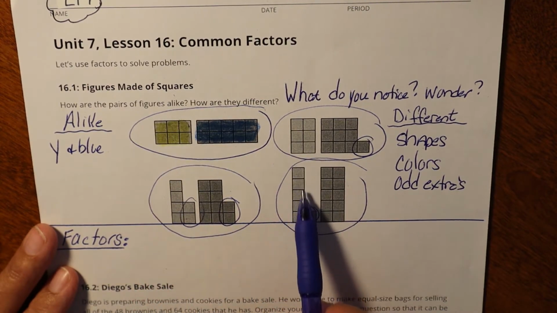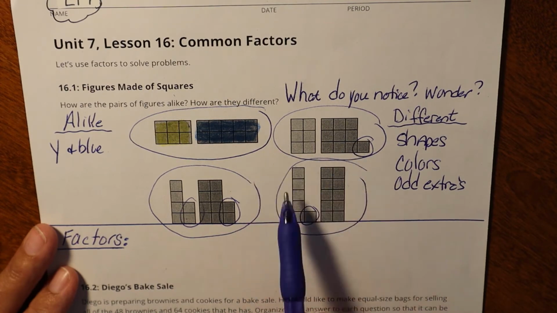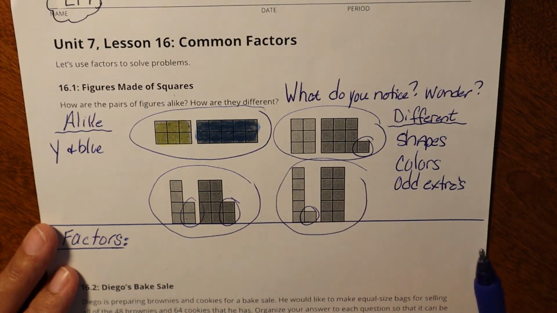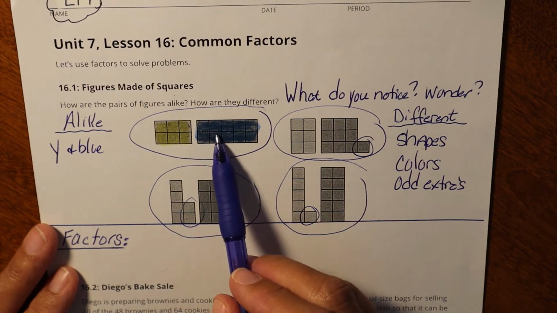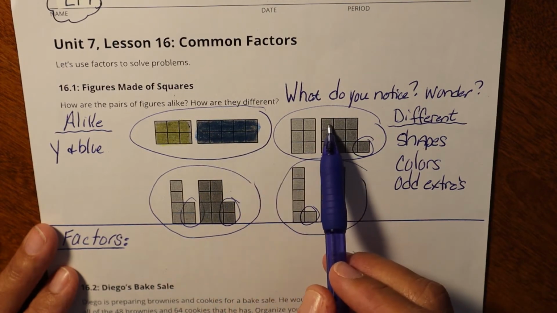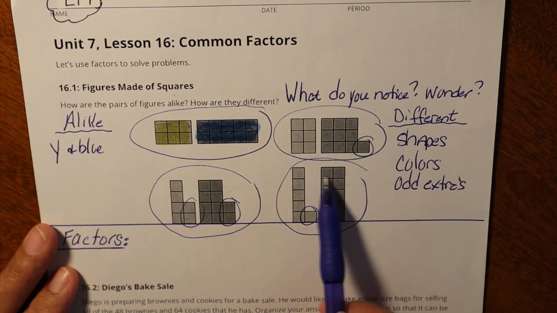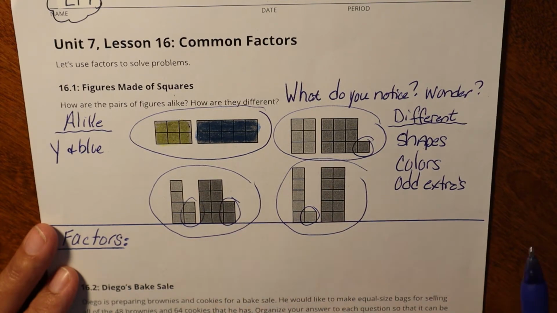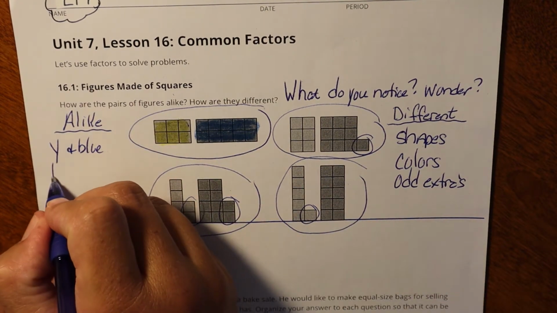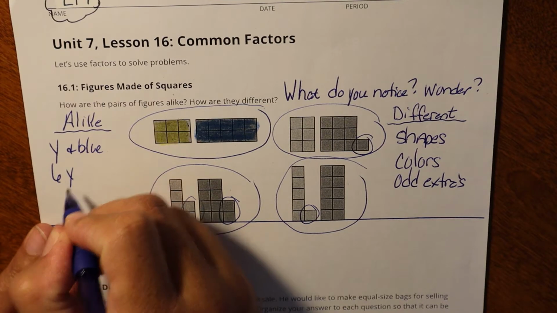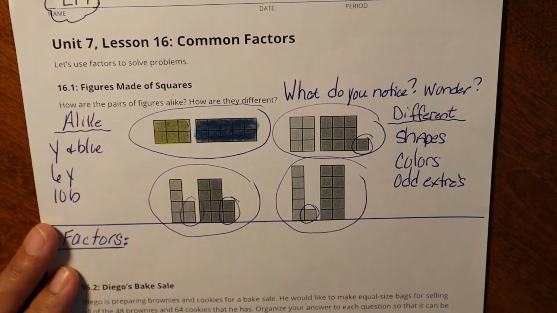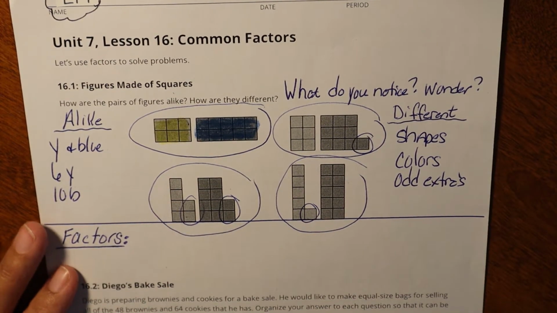Counting by twos, 2, 4, 6. And the blues all have 10: 2, 4, 6, 8, 10. So we can say there are 6 yellows and 10 blue. Okay, just a little warm up.